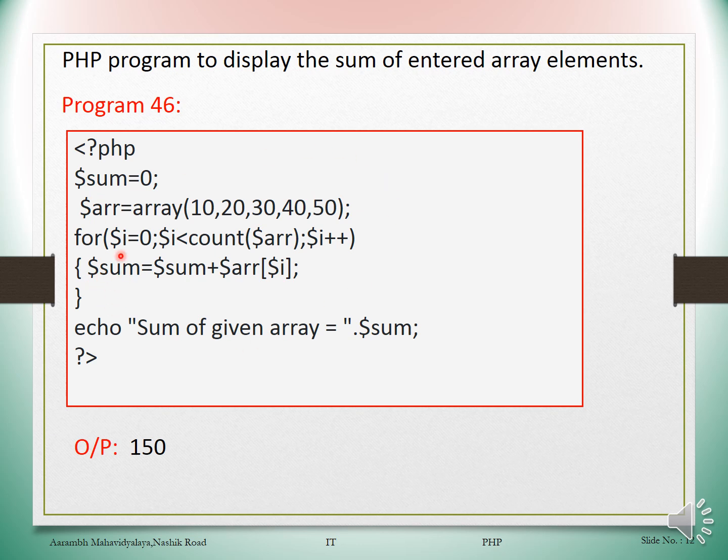Like this all the elements will get added with each other and our output will be sum of given array is $sum. Here actually the sum of given array should be here, and then it will display the 150 due to this $sum. Okay, this is simple program.